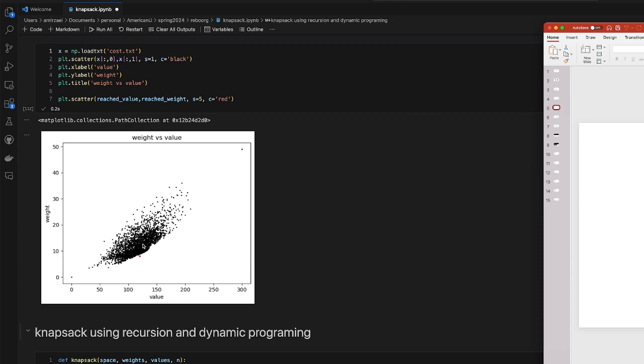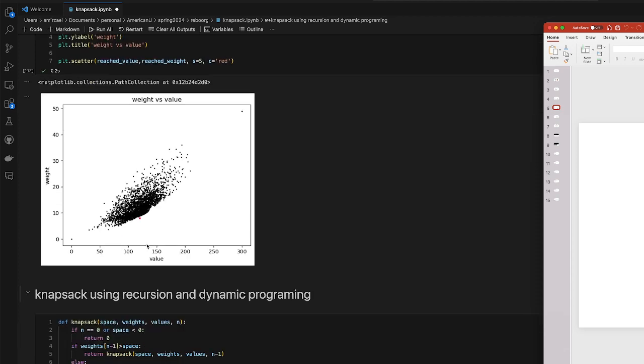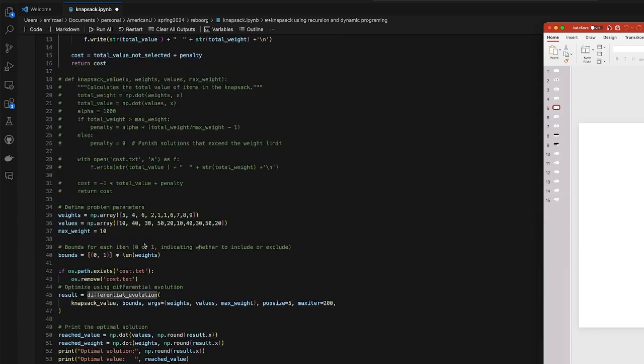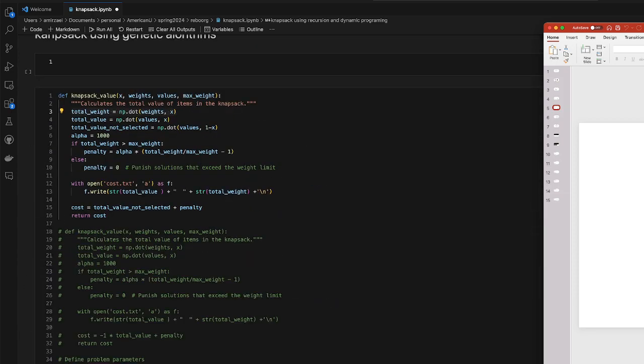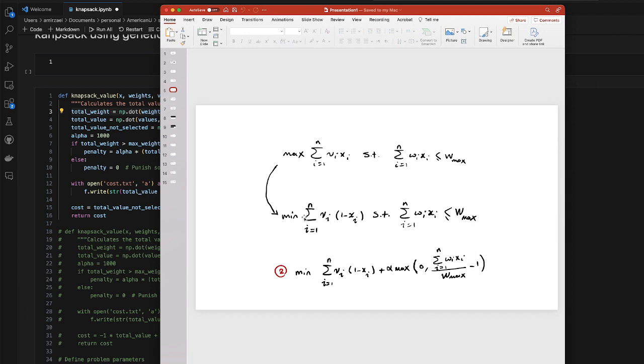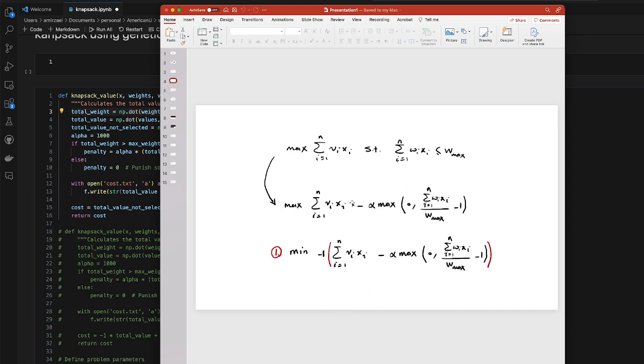So this is the Pareto frontier. This code corresponded to the second method that I explained. Remember, I said there are two ways to turn the maximization of this equation into a minimization formula. The first method was putting a minus in front of this equation.